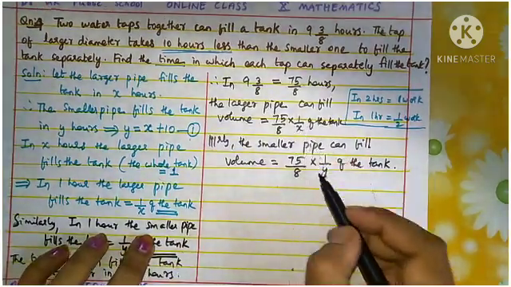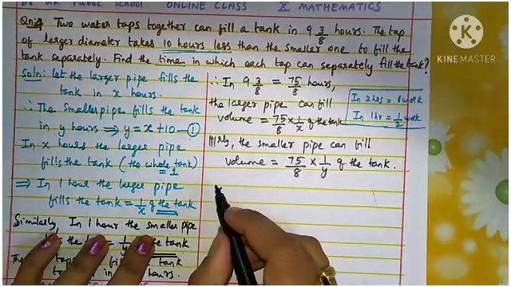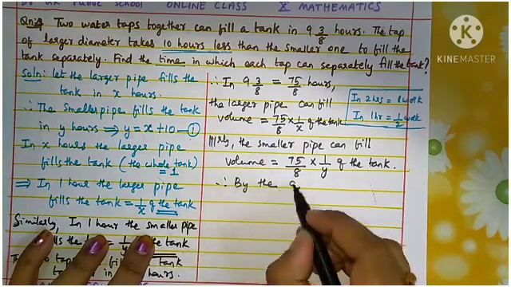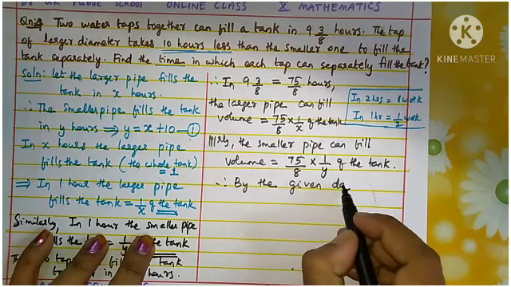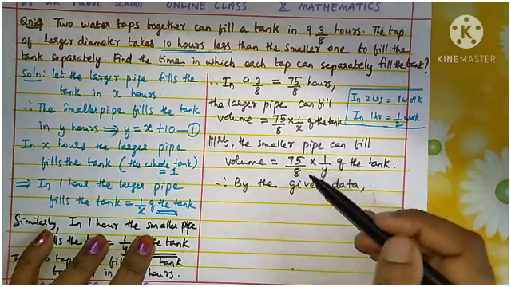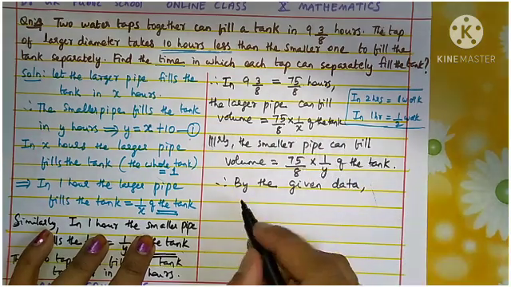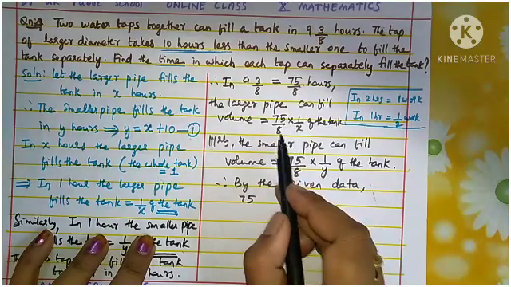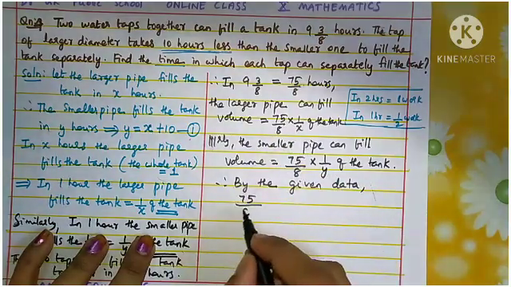Now together they are filling the tank. Okay, so therefore by the given data, we are writing the total volume. These two pipes are together filling the tank. So therefore 75 into 1, 75 by 8 into x is 8x.